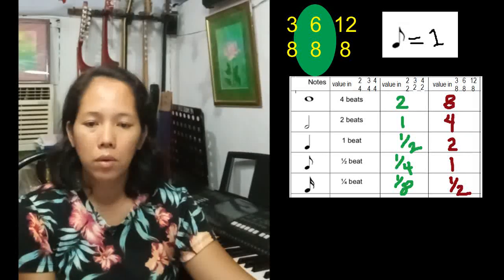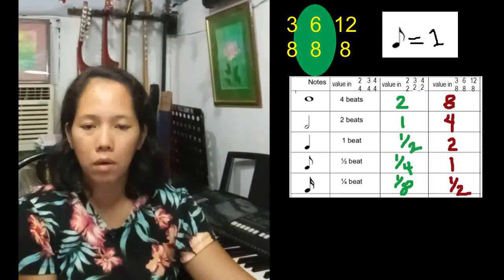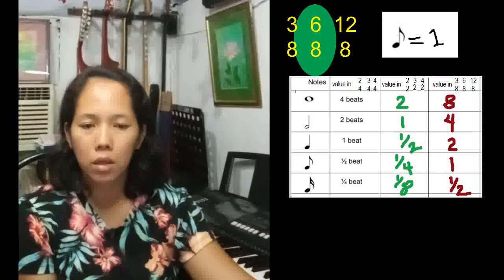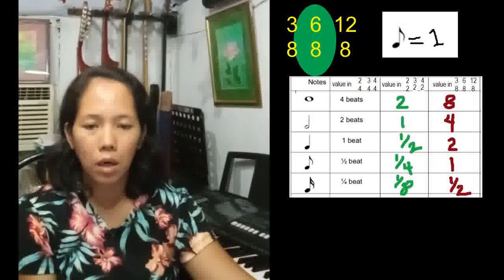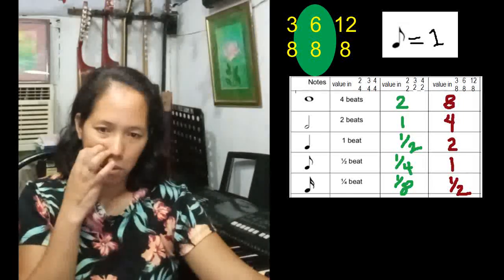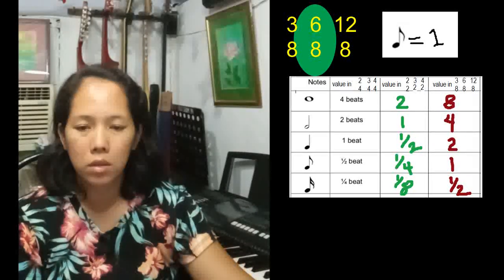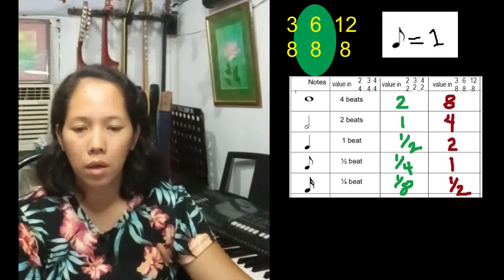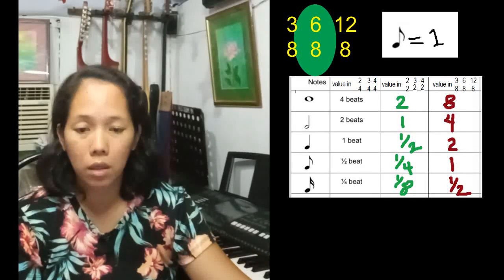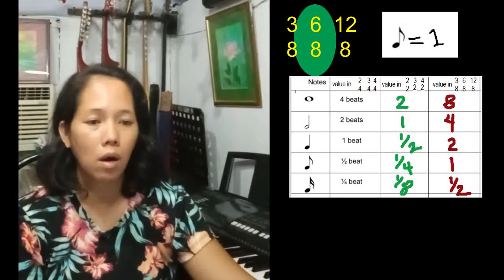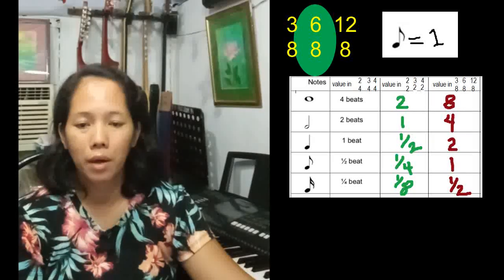Okay, so in the time signature having 2 as the lower number, and then here comes our new, we have the 3/8, 6/8, 12/8, etc. So here, this is 4, this is 2, this is 1, this is 1/2, and this is 1/4, and it's been proven why we have that value.